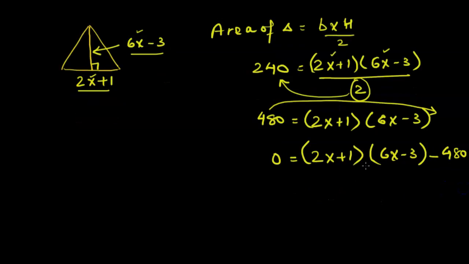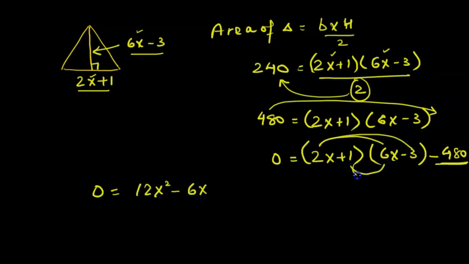Now this equation looks kind of like the factored form of a quadratic equation, but this number, which is a separate term, is not letting us solve for the x value. So what we are going to do first is expand this. When we expand, 2x times 6x and 2x times minus 3 give us 12x squared minus 6x, then 1 times 6x and 1 times negative 3 give us plus 6x minus 3, and there is a minus 480 behind it already.